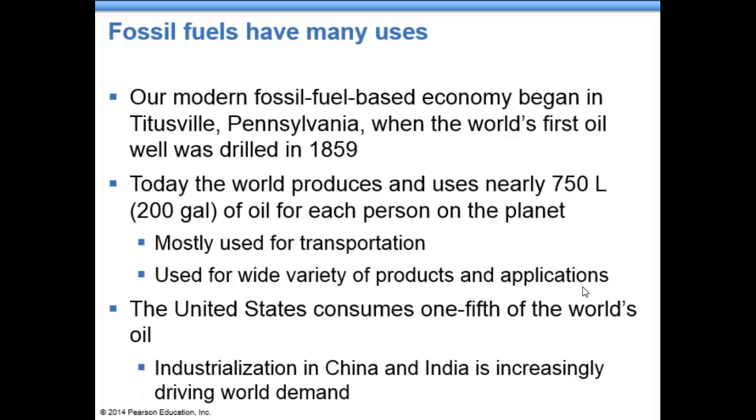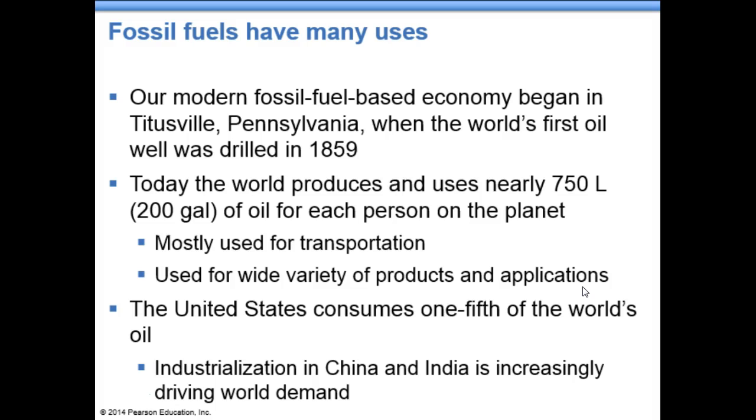Over the next 40 years, Pennsylvania's oil fields produced half of the world's oil supply and helped establish a fossil fuel-based economy that would hold sway for decades to come, and that the world depended on. Today, our global society produces and consumes nearly 200 gallons of oil each year for every man, woman, and child, so that's 200 gallons per person, per capita, that's being used.